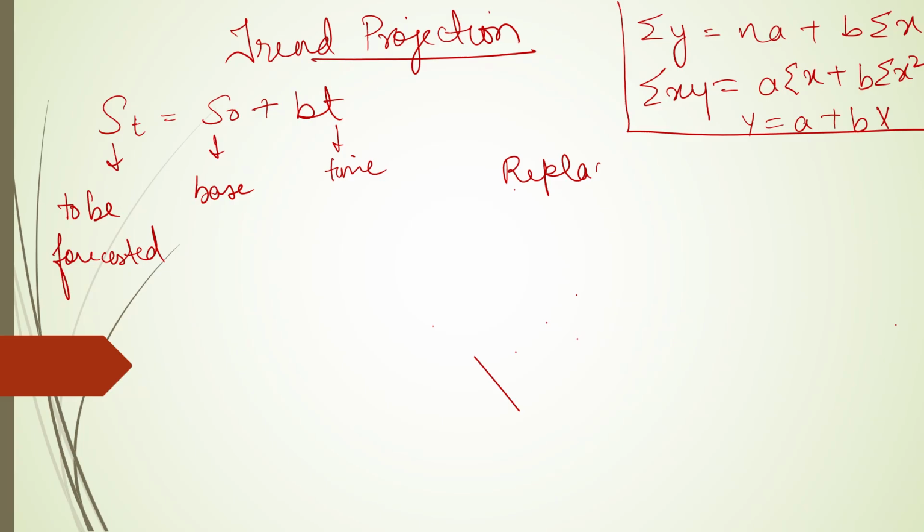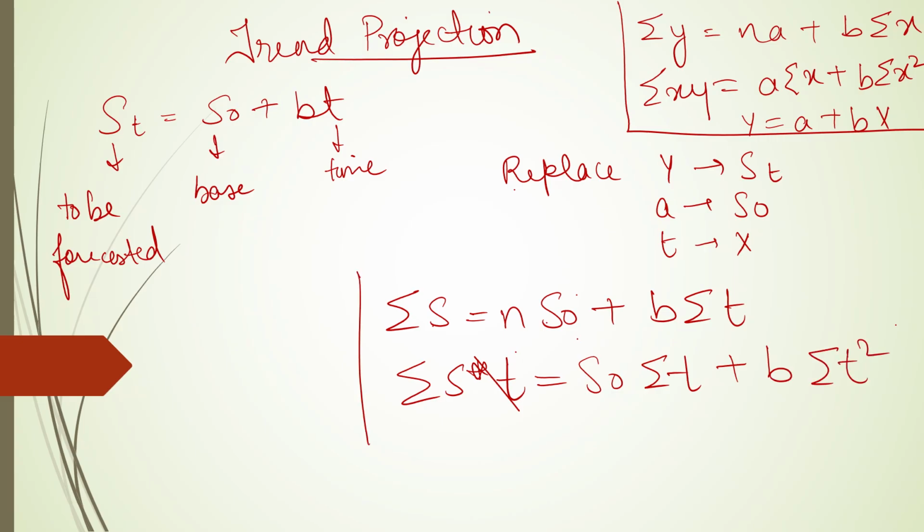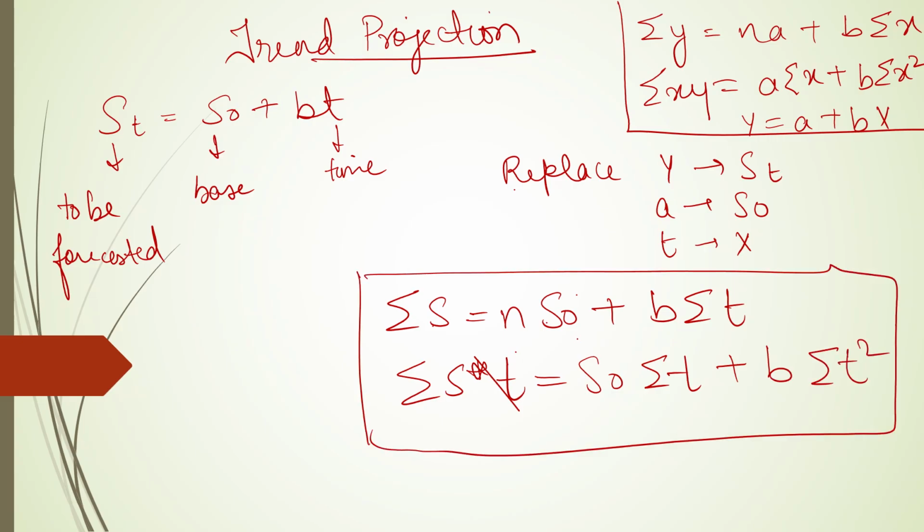Replace Y with St, A with S0, and X with t. Our equations are: ΣS = N·S0 + BΣt, and ΣSt = S0·Σt + BΣt². These are our two equations for trend projection.